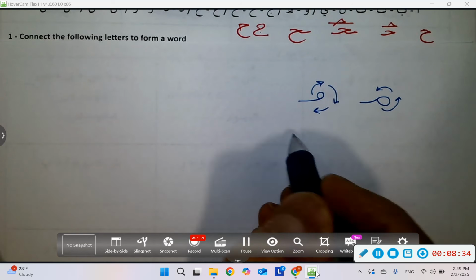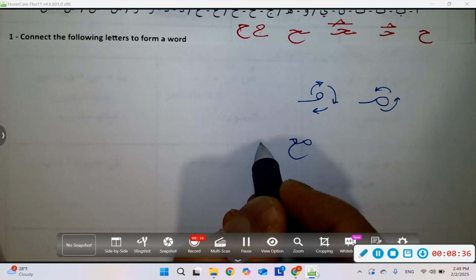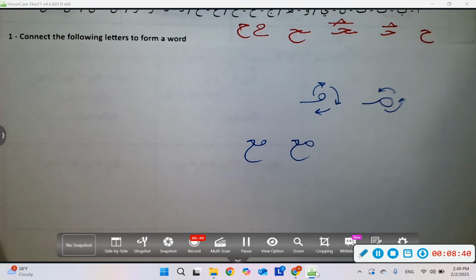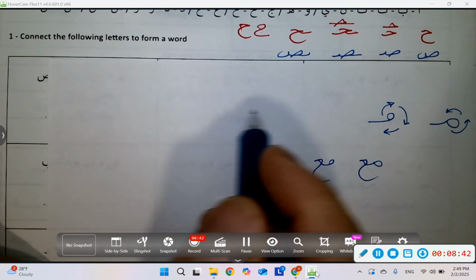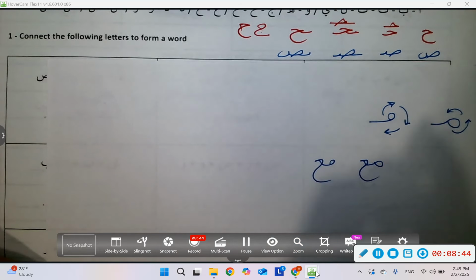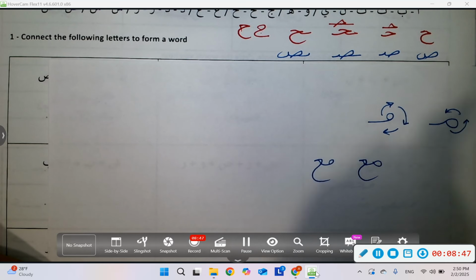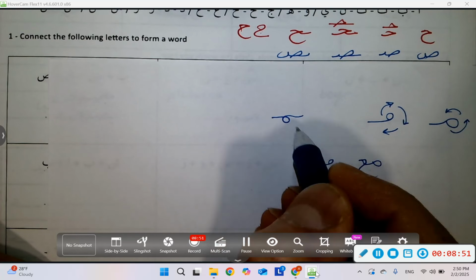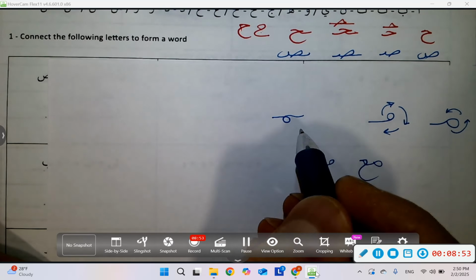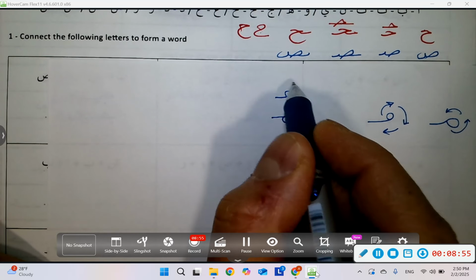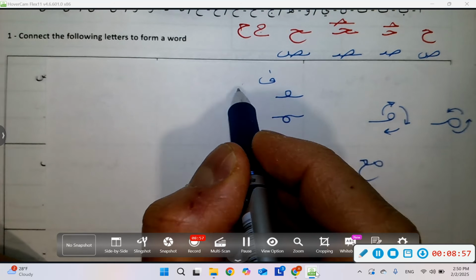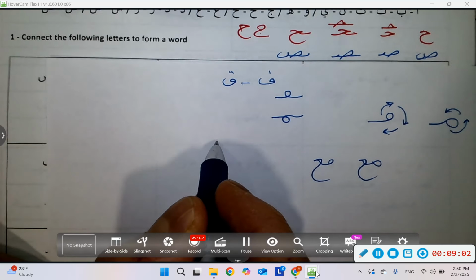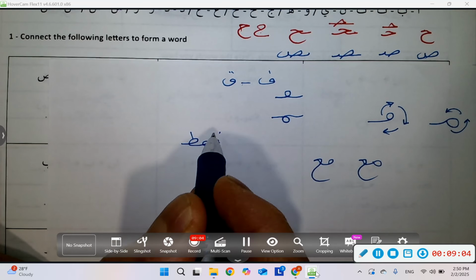So you can roll it either مع or مع. Both are correct. But if the meme is in the middle or at the end, you don't have freedom. If it's in the middle, it's always rolled from the bottom. If you roll it from the top, this is fa or qaf. So you can say فقط فاء قاف طه.